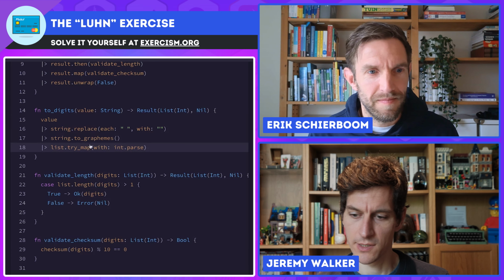And just to pause there a sec, I guess that this try_map needs to return an error type that has the error value as nil as well, to match this type signature coming out? Yeah. Otherwise, you need to map the error type so the signature is the same as this. Okay. So if int.parse would return another error type, then you would need to do an additional result function.